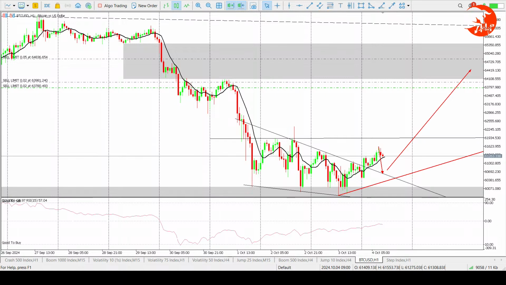But someone may also wait for price to come to around this level there, around that level, then to have a clean trade, to have a clean entry for the buys.